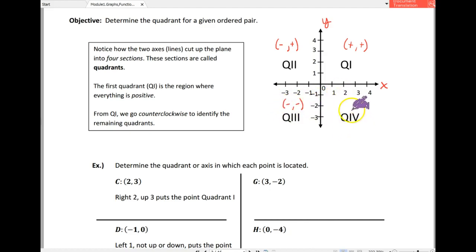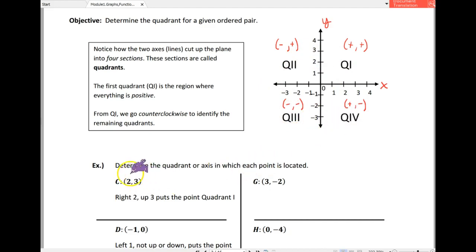And then in quadrant 4, they will be positive for the x value and negative for the y value. Now you do not have to memorize these positives and negatives, but what you do need to know is you start at quadrant 1 in the most positive quadrant and then go counterclockwise 2, 3, 4 from there.